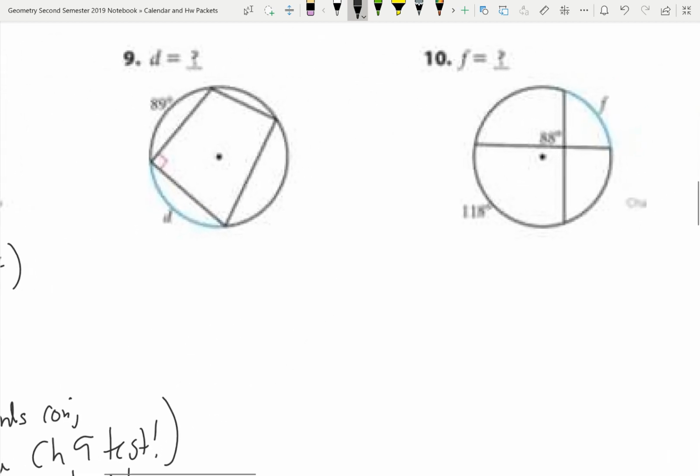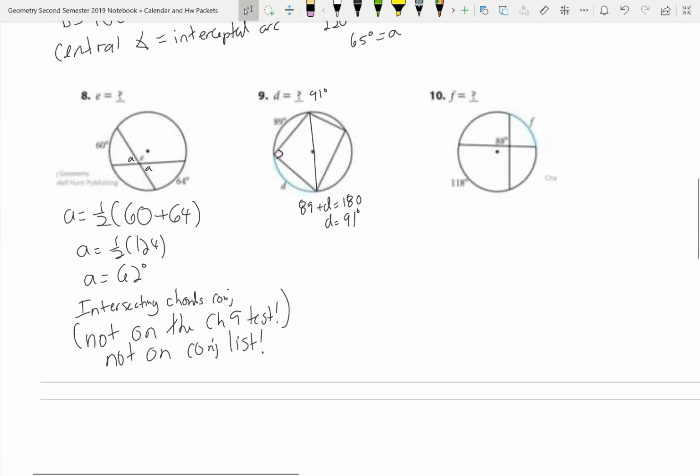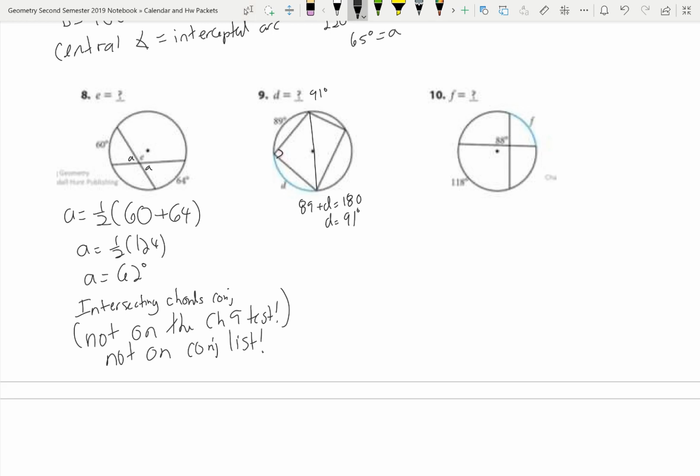Okay, D, let's see what D would be. Oh, well, it's a right angle right here, so this should be a diameter. And so 89 plus D will equal 180. So D will equal 91 degrees. Oh, wait, hold on.